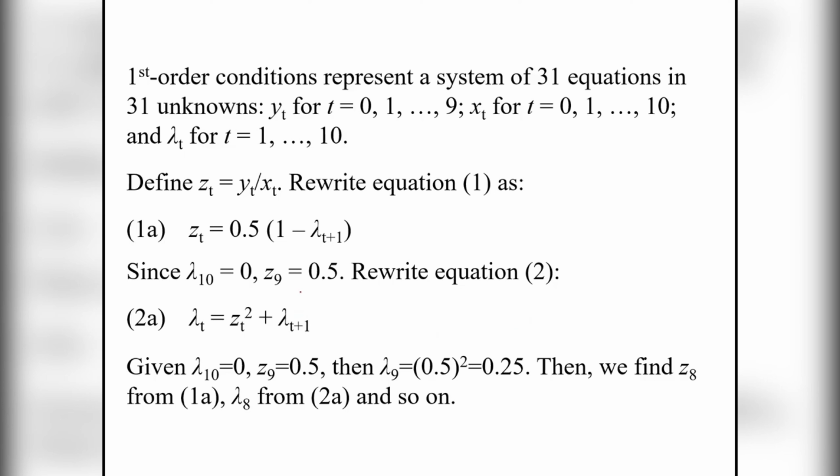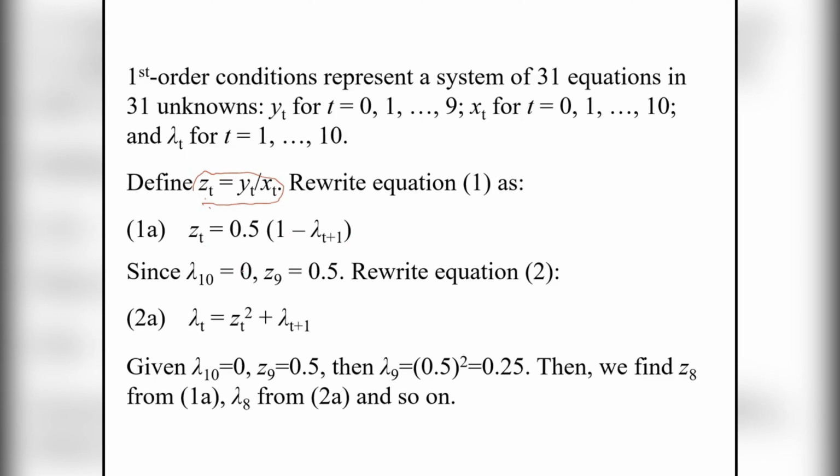Now the key, as I mentioned before, was this possibility here, setting zt equal to yt over xt. So we rewrite equation 1 with the zt, so we get zt equals 1/2 times 1 minus lambda t plus 1.